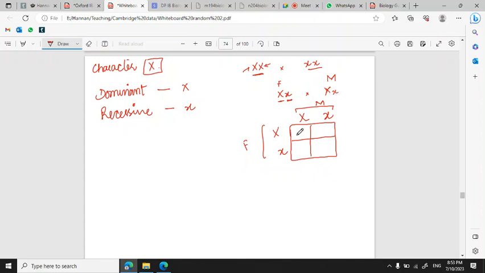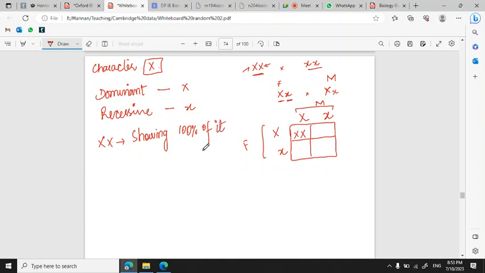Suppose a child has both the dominant alleles, so this person would be showing X. X would mean that it is showing this character 100%.